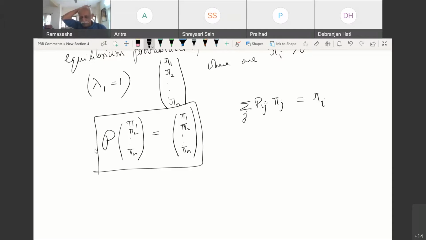Now, Monte Carlo methods are exactly the same as the power method.